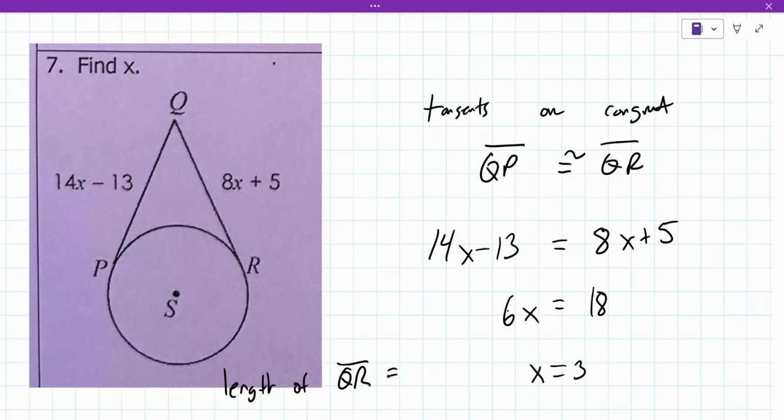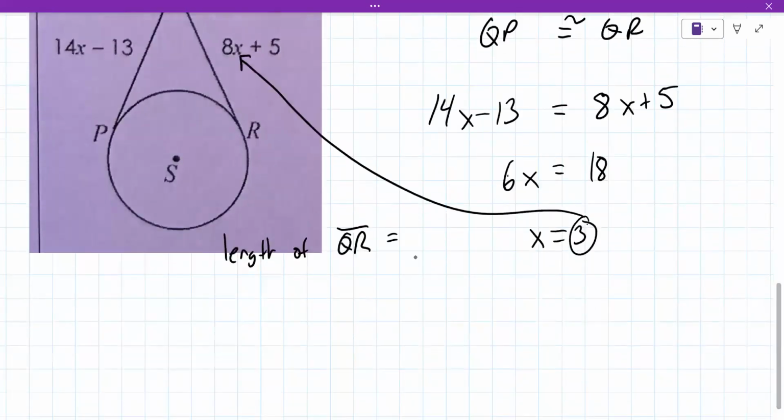Take this value of 3 and put it in for X. 8 times 3 is 24. 24 plus 5 is 29. Yes. Very good.